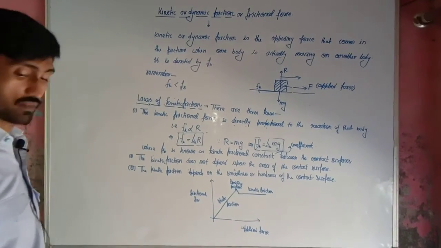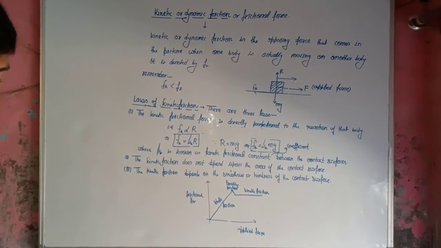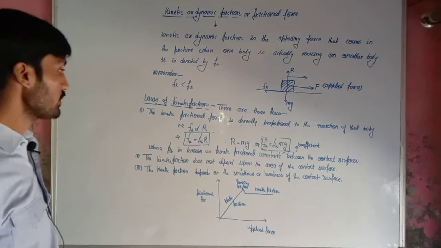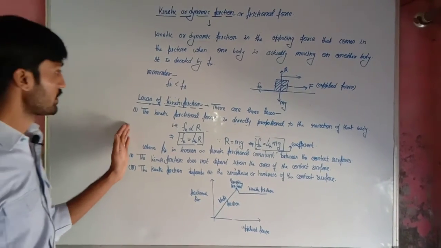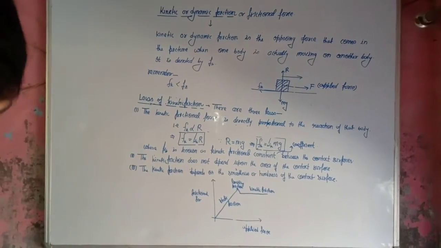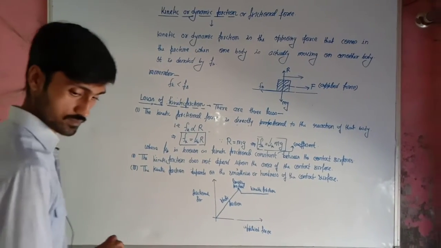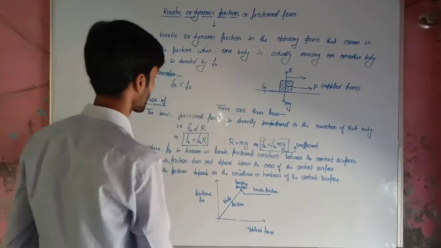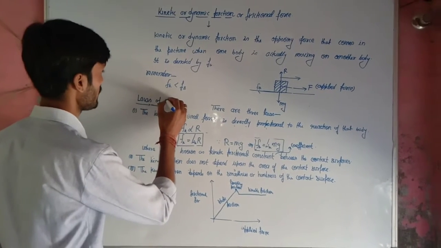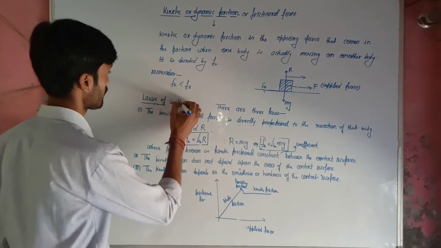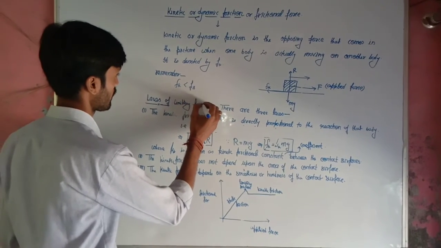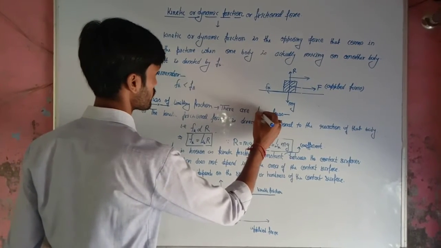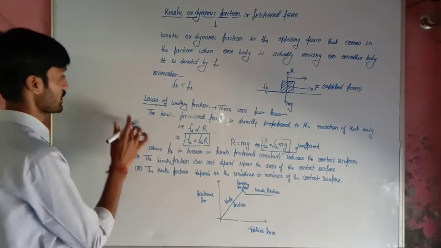So after that we will define the laws of limiting friction. There are 4 laws here.